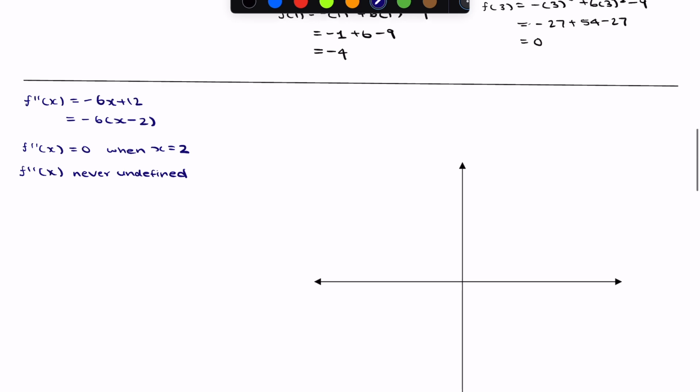So here we'll draw another number line. Negative infinity, positive infinity, and then our point here of 2. And so here we sub in 0, for example. We have negative times 0 minus 2, which is negative times negative, positive, so that's concave up.